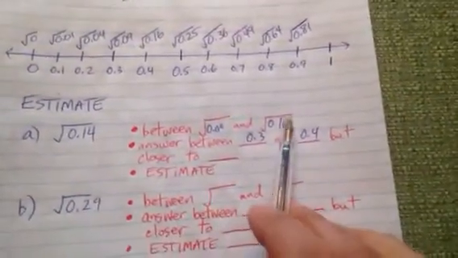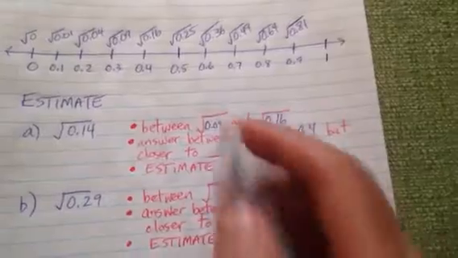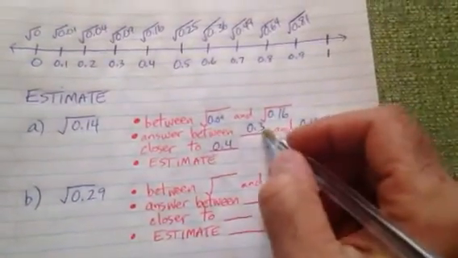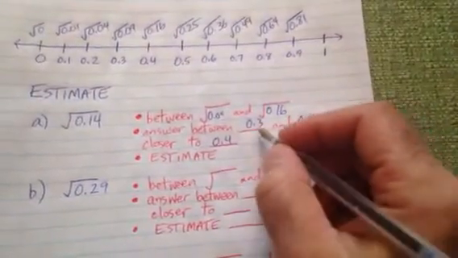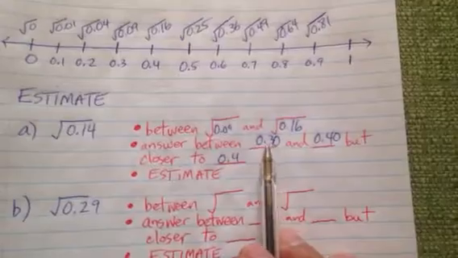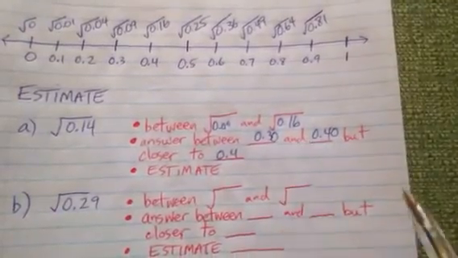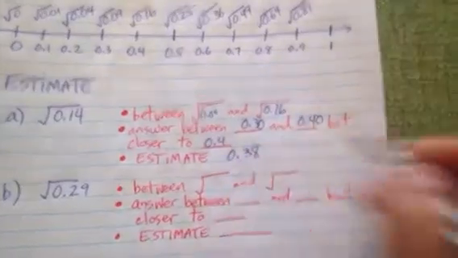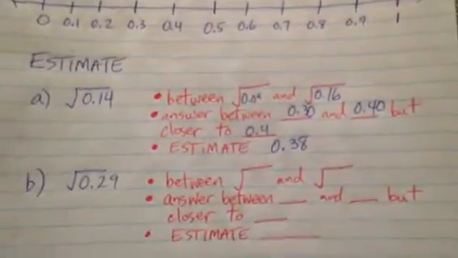Where is 0.14 closest to? It's closest to 0.16, so it's closer to 0.4. So we make our estimate. I know the answer has to be between 0.3 and 0.4, or if you add zeros, between 0.30 and 0.40. So it's something like 0.38 or something like that. We make an estimate.